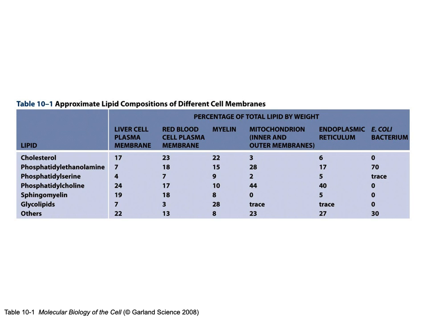So here we can see the lipid composition for different cell membranes. If we look at a bacteria, which is in this last column, E. coli, versus our human cells, there's going to be differences. It seems pretty obvious that there would be differences between a bacteria and us, right? But even within our own cells, there's going to be differences.